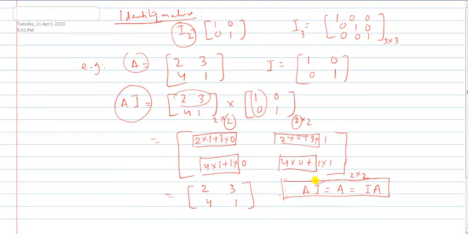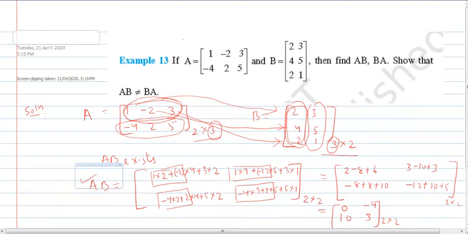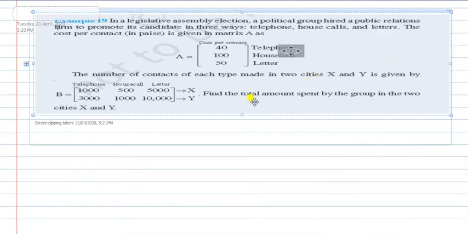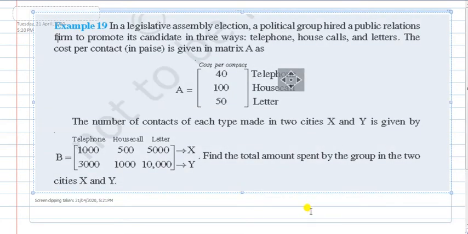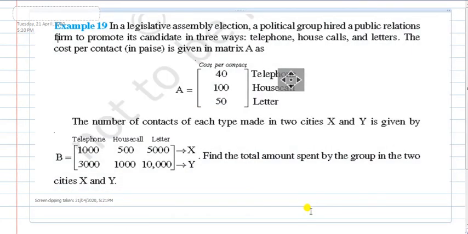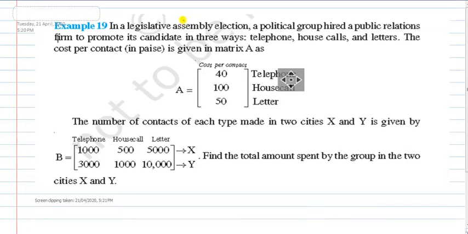Now let me take up one word problem on matrix. Look at the question. Let me enlarge it for you. The question goes like this: in a legislative assembly election, a political group hired a public relations firm to promote its candidate in 3 ways: telephone, house calls and letters. The cost per contact is given in matrix like this.